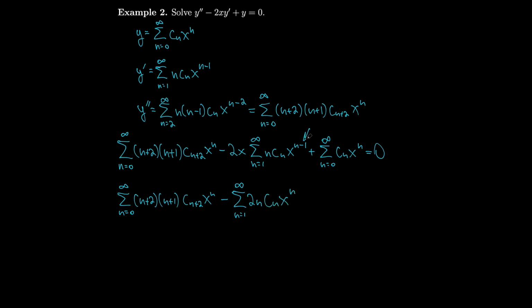We just increase this by 1 by throwing in the extra x. And then this is the sum from n equals 0 to infinity of Cn x to the n.